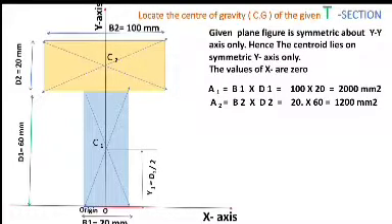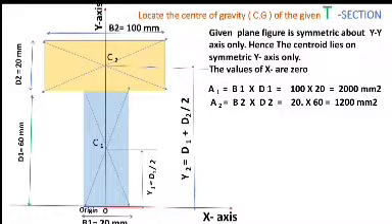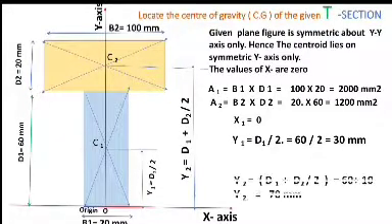The centroid C1 lies at a distance of y1 equal to half of the height, that is d1 by 2, whereas C2 lies at a distance of d1 plus d2 by 2, the height of the bottom rectangle plus half of the top rectangle. So here x1 equal to 0, x2 equal to 0, because it is symmetric about the y-axis. All these values are written in tabular form in the next slide.